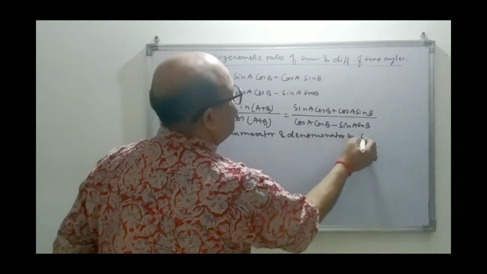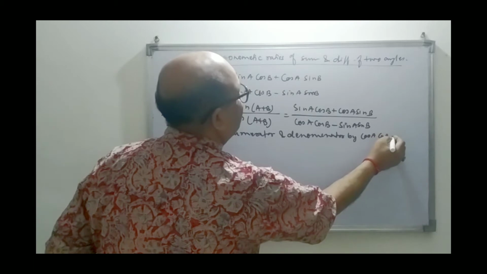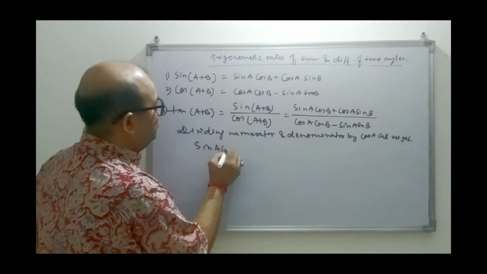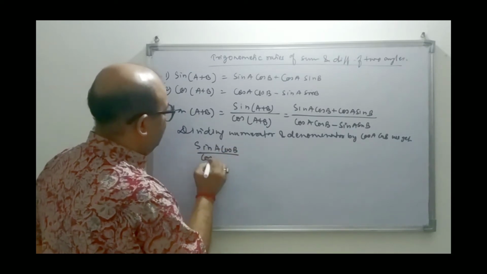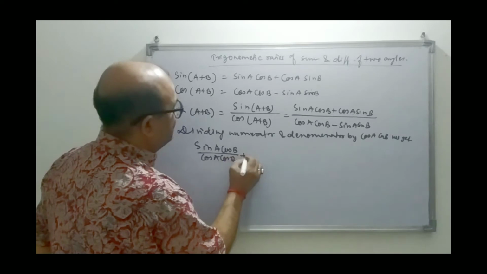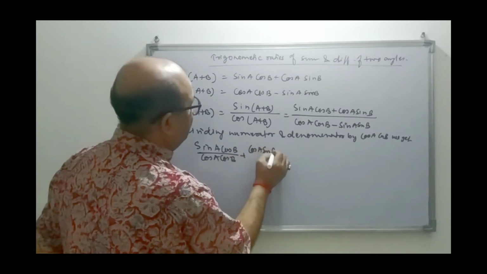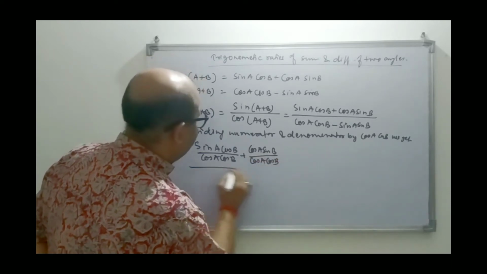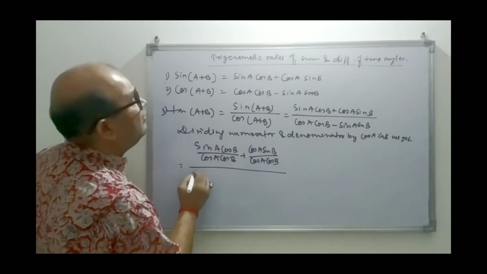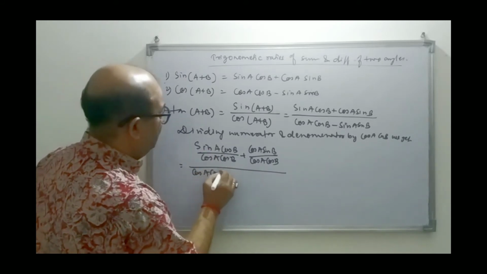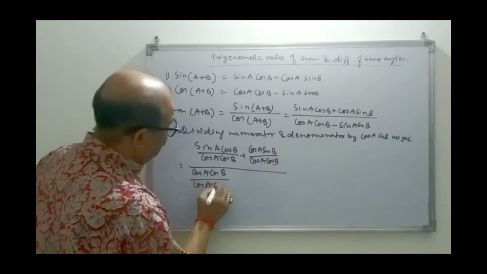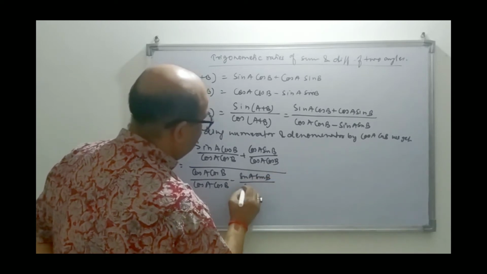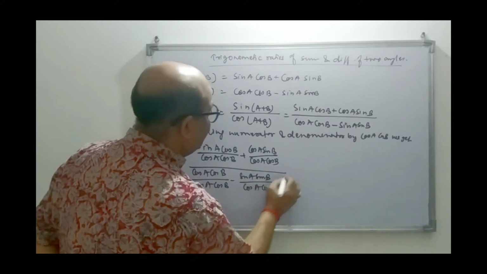Dividing numerator and denominator by cos A cos B, what do we get? Sin A cos B upon cos A cos B plus cos A sin B upon cos A cos B, divided by cos A cos B upon cos A cos B minus sin A sin B upon cos A cos B. So what do we get here?